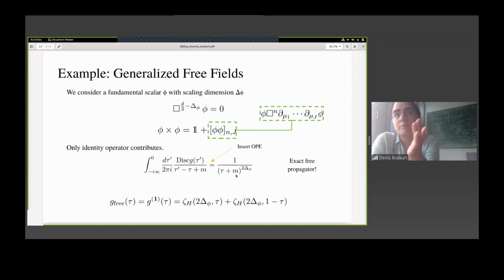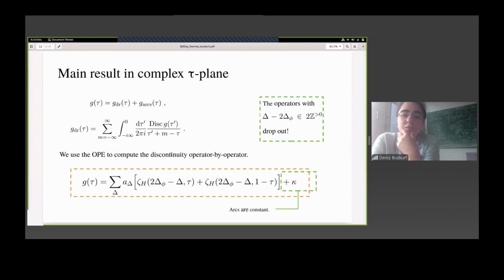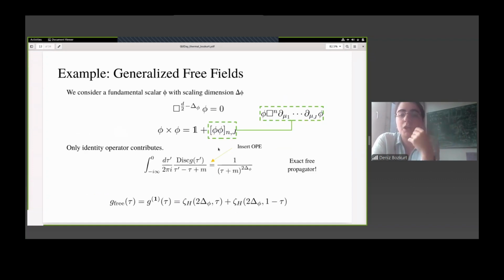And if you set m to 0, this is the exact propagator that you would see anyway. And then what the prescription was telling us is that to get the full dispersion relation, of course, we need to sum over the images of this exact propagator.